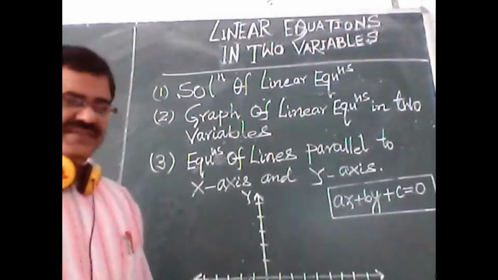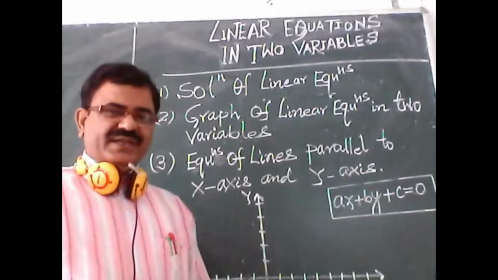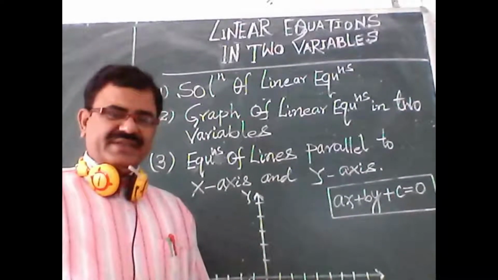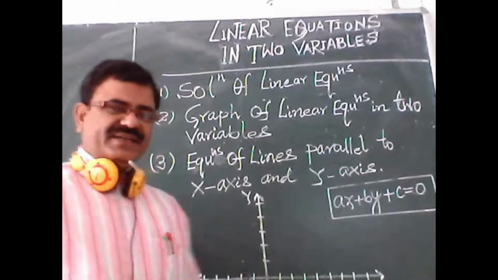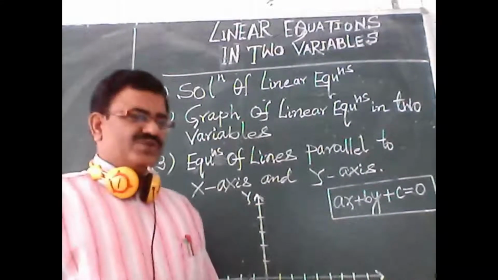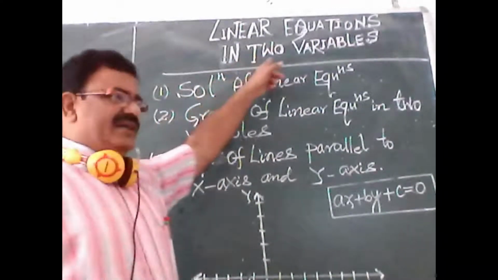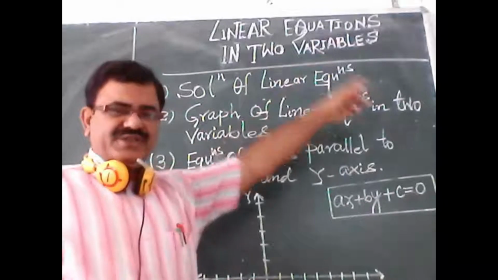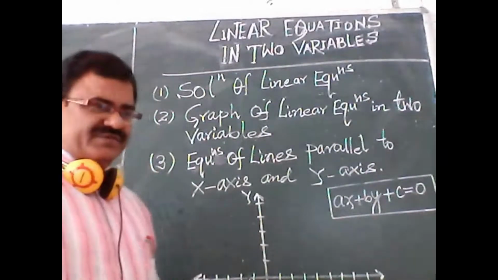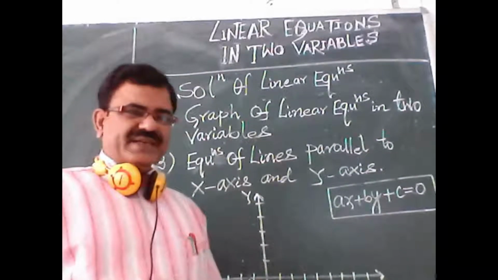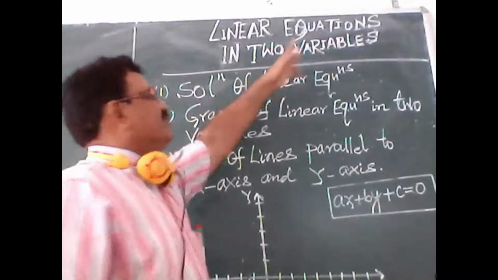These variables are represented with letters of the alphabet, A to Z, either A, B, C, D, X, Y, Z. Any letters can be used. So two variables will be in this equation, X and Y, or Z, S and T. Any two letters of the English alphabet can be used to write the two-variable equations.